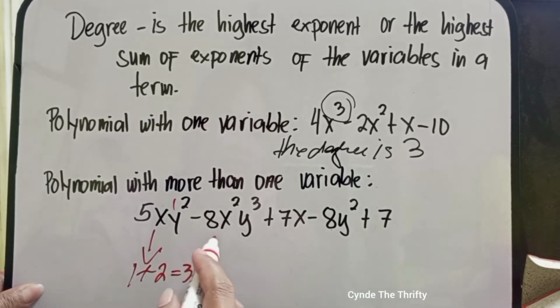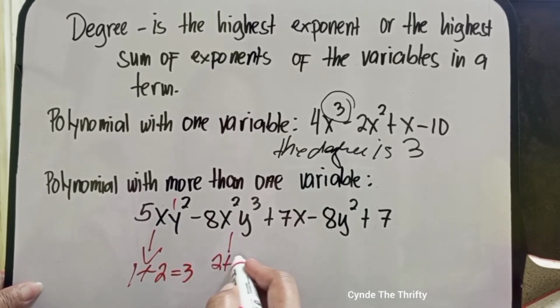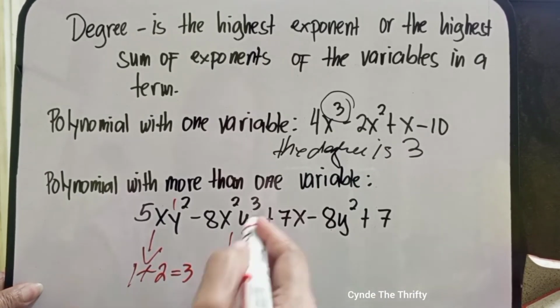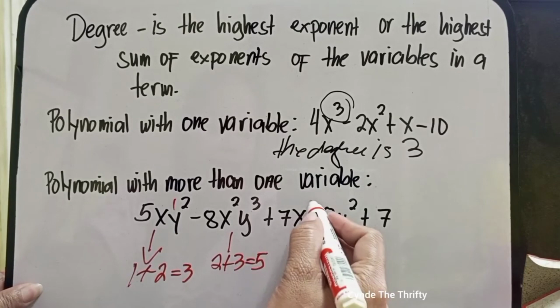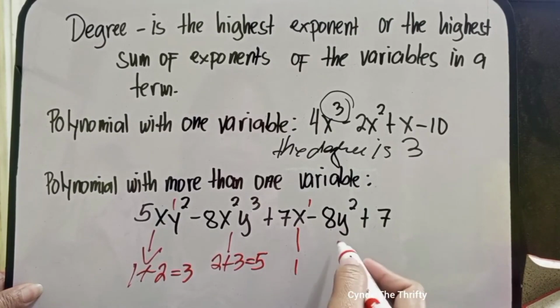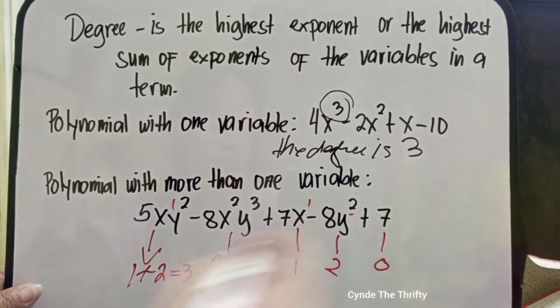Next is negative 8x squared y cubed. So, ang kanyang exponent is 2 plus 3 equals 5. Next term, 7x. Si x is meron siyang 1. So, ang kanyang degree, or ang kanyang exponent, is 1, and then negative 8y squared, ang kanyang exponent is 2, and then 7 is 0 dahil wala siyang variable.